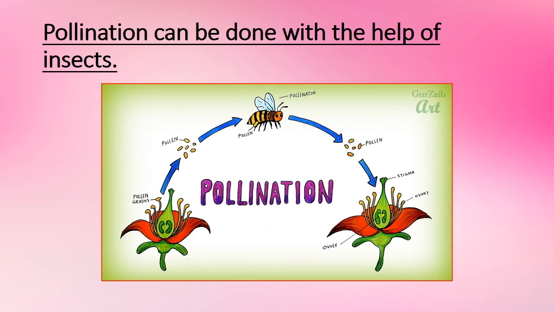And when these insects move from one flower to another of the same species, the pollen grains get transferred to the stigma of flowers, and thereby it will cause pollination. So insects also help in pollination.